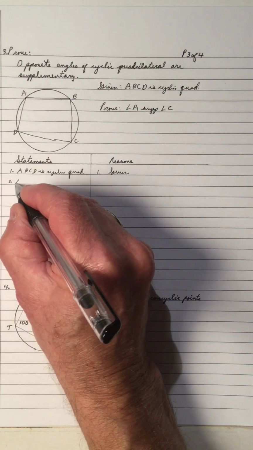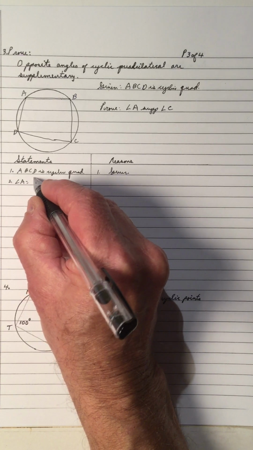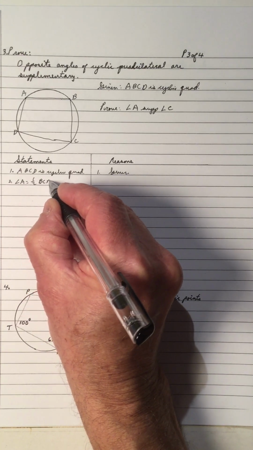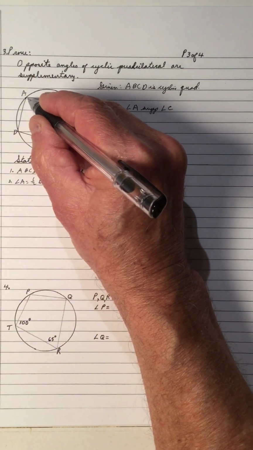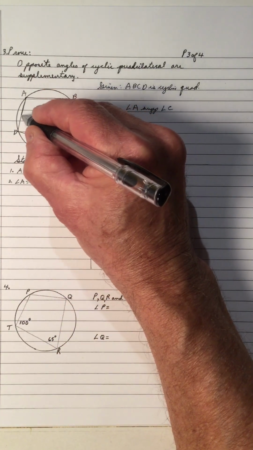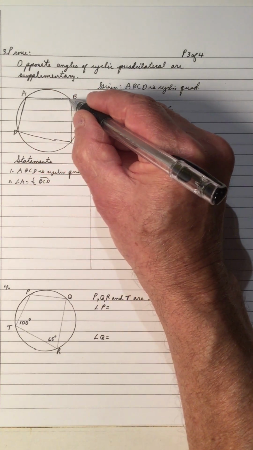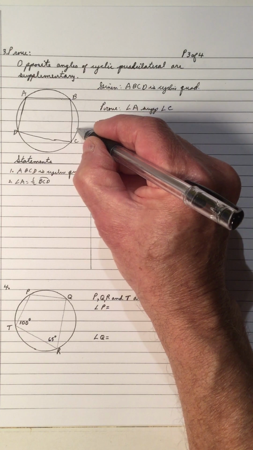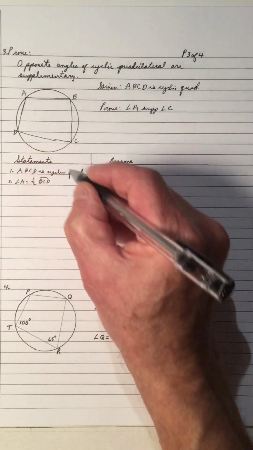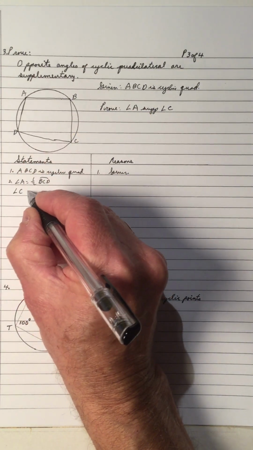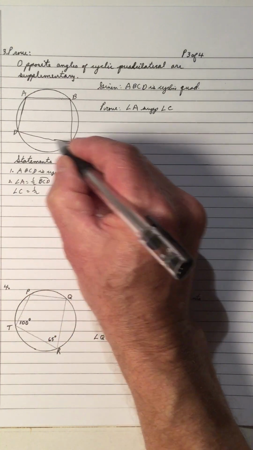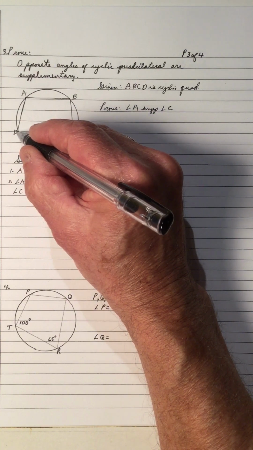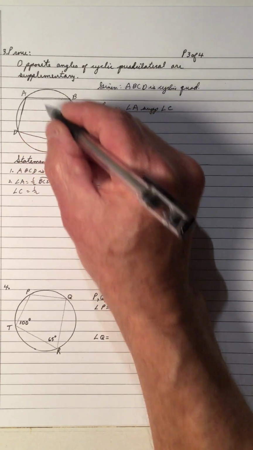So angle A is half of the arc BCD. This angle A right here is an inscribed angle with these 2 chords, so it's half of this arc BCD. And also angle C, which is this angle right here, is half of the arc DAB.